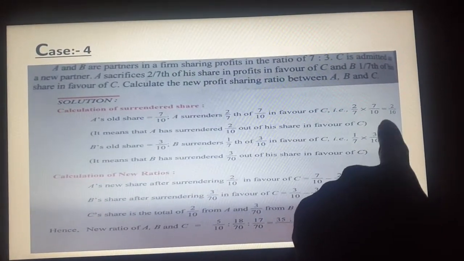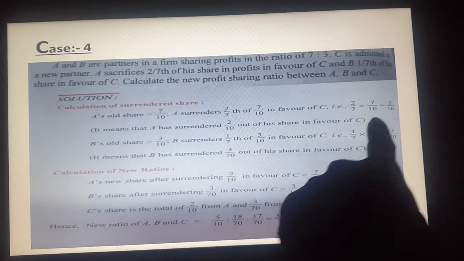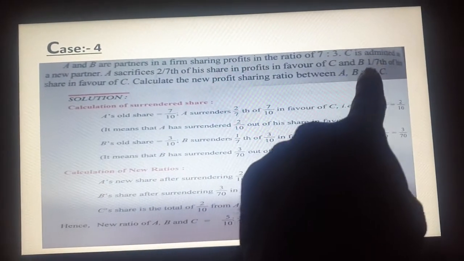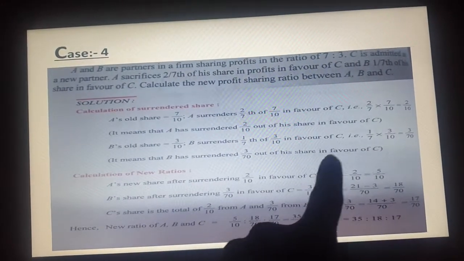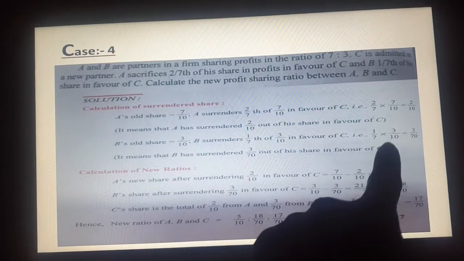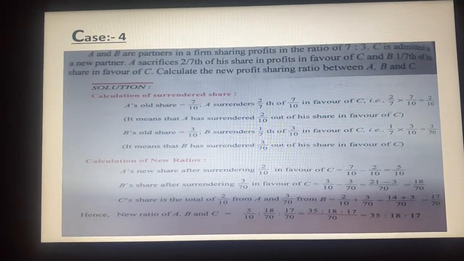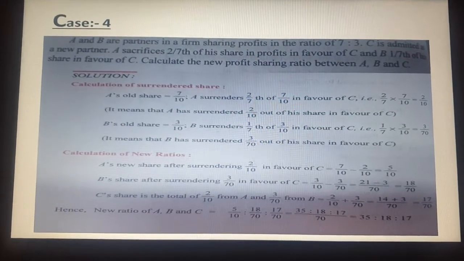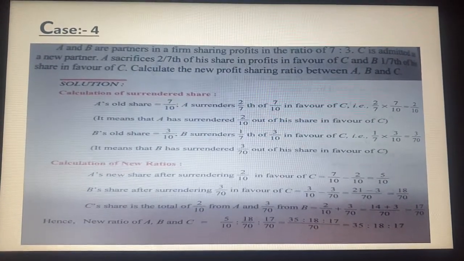So you multiply A's share by 2/7. A's share is 7/10, so multiply 7/10 by 2/7. If you cancel the numerator and denominator, it comes to 2/10. This is the sacrifice of A. Now B is giving 1/7 of his share. His share is 3/10, so you multiply 3/10 by 1/7, which comes to 3/70. So the sacrifice of A is 2/10 and of B is 3/70.